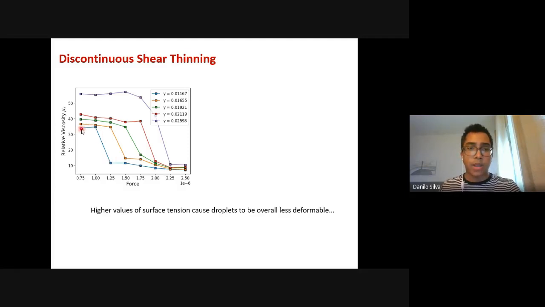For example, for very flexible particles, so a low surface tension, very little force is required for this discontinuous behavior to happen. However, for a stiffer droplet, we need a much stronger force for this discontinuous behavior to occur.